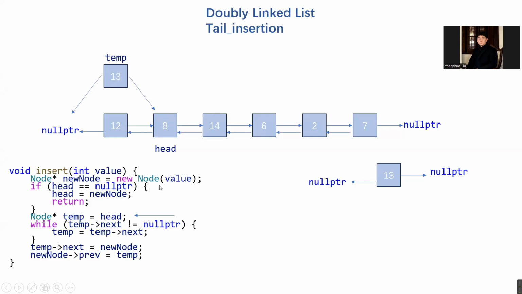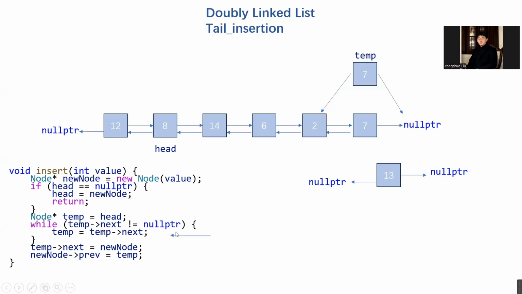And then we traverse, temp will equal temp's next. We traverse one by one until here, and the temp will become the last one. And here, temp's next will equal a null pointer, right? So it will break the condition here.